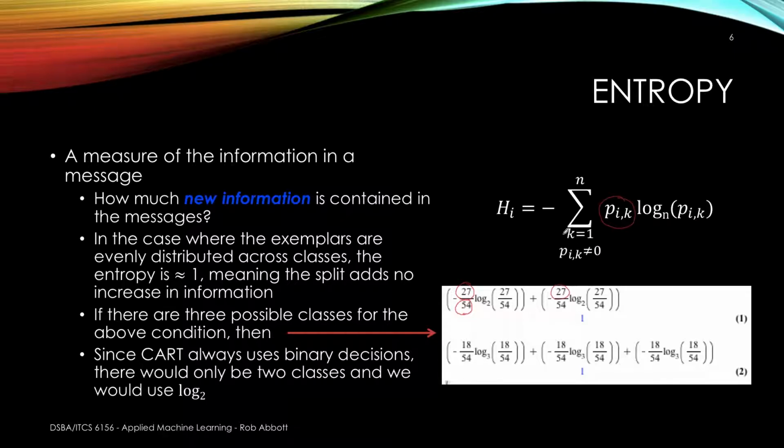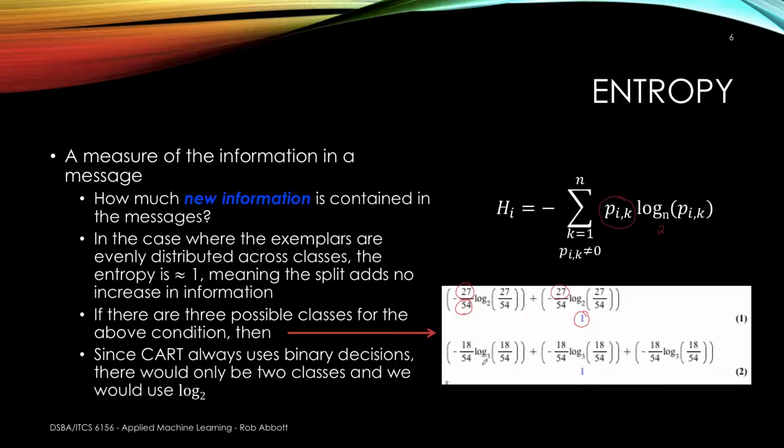If we sum these two classes up and multiply the probability of each class times the log of n, which in this case, since there's two classes, would be log base 2 of the probabilities, what we end up with is an entropy of 1, which means that this is a poor choice for a decision criteria. We would be better served by trying to identify a different value.